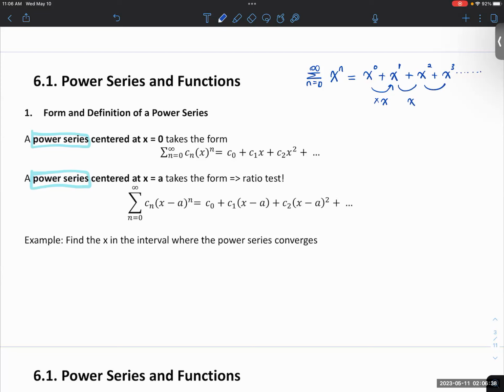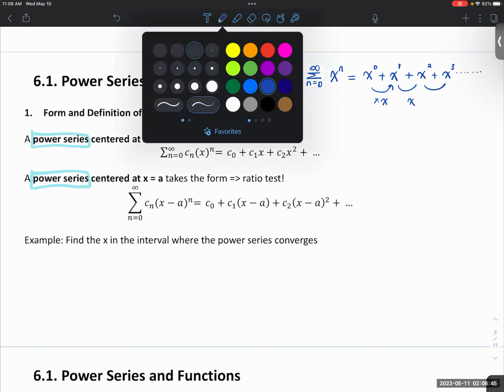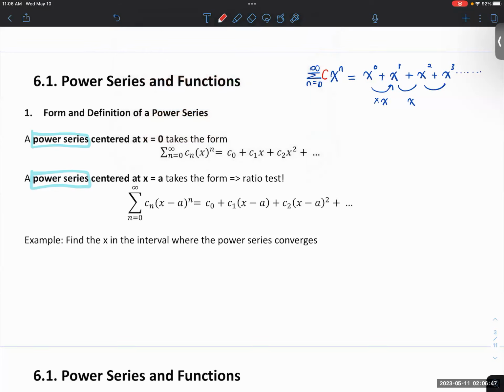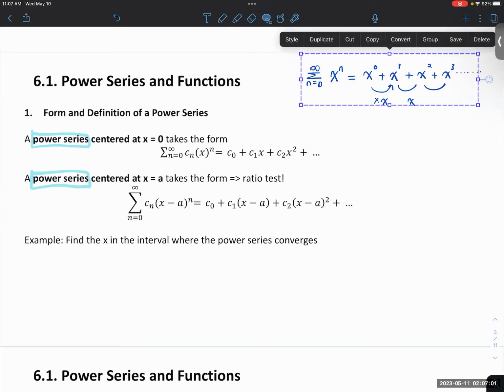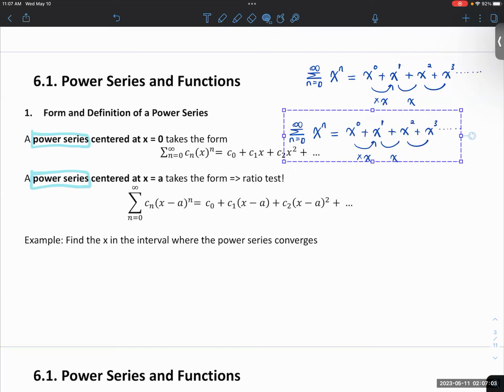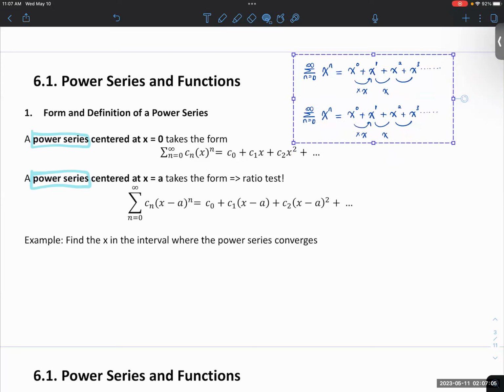For the power series, you have the same story as the general series definition. Now I just have a coefficient C in front of the x to the n. So I'm going to copy this and paste it here, and minimize a little bit.